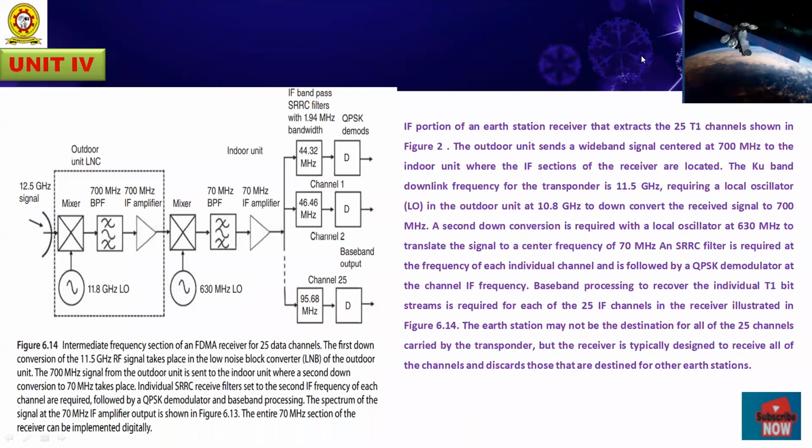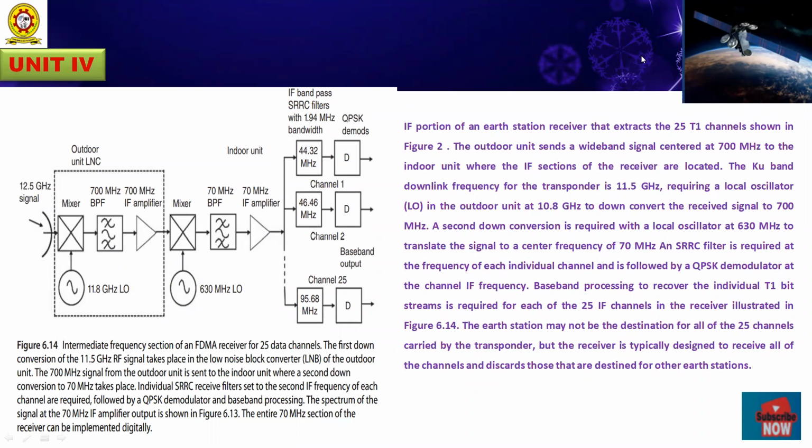From the outdoor unit, the 700 megahertz signal is sent to the indoor unit, where the second down conversion takes place, a 70 megahertz down conversion. Therefore, the signal is converted two times, first to 700, later to 70.